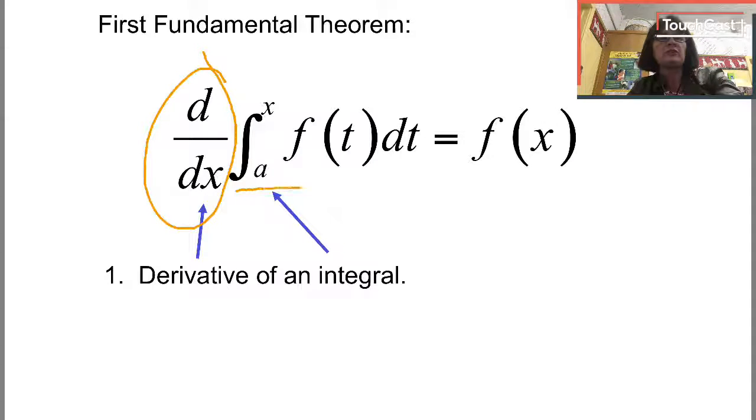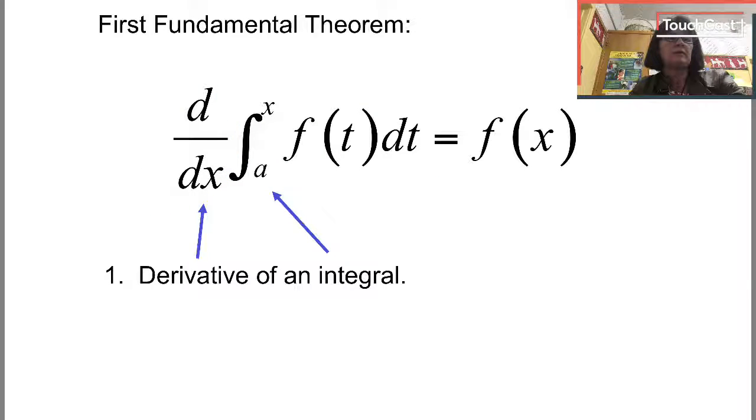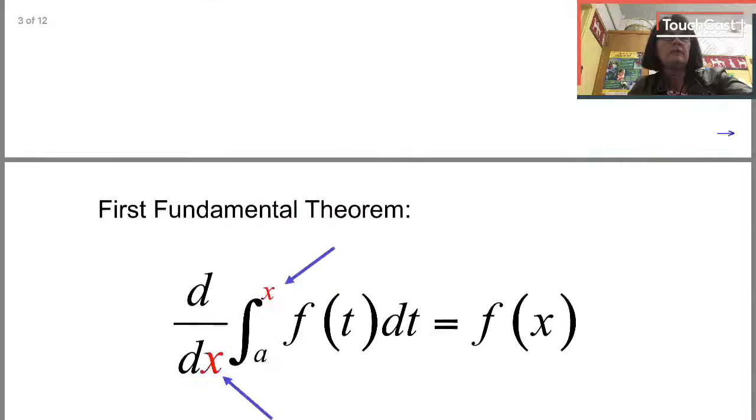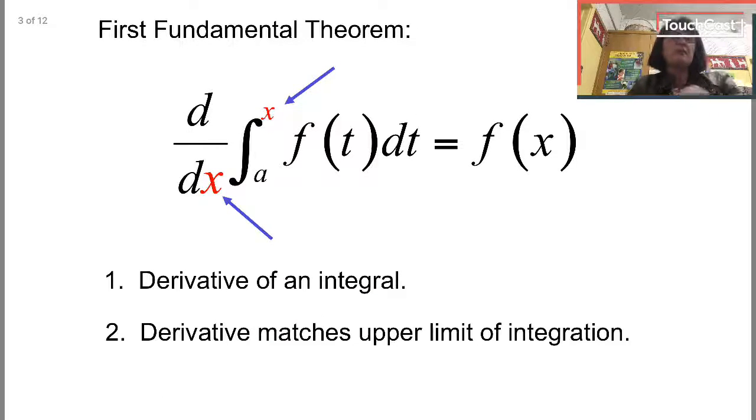And we have to have a function defined with an integral. That's the easy part. The variable that we're taking the derivative with respect to, this x, has to be a match for the upper limit of our integral. So those are both the letter x, so those are a match.